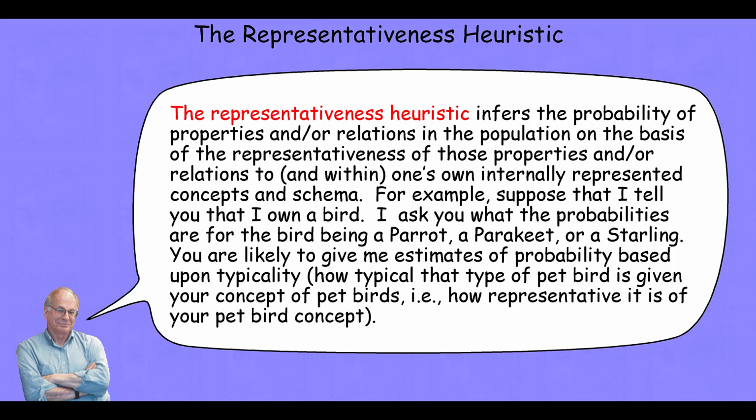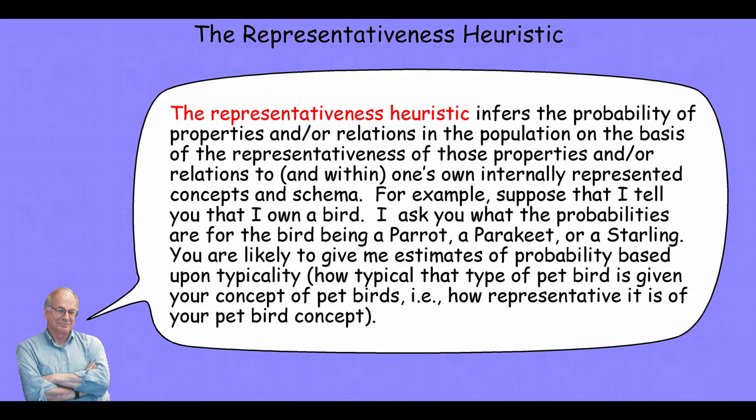For example, suppose that I tell you that I own a bird, and then I ask you to estimate the probabilities for that pet bird of mine being a parrot, a parakeet, or a starling. Chances are you'll use the representativeness heuristic to estimate those probabilities. You'll think about what your typical experiences of pet birds have led you to believe about pet birds. You'll think about parrots and parakeets, and you might not even know what a starling is.